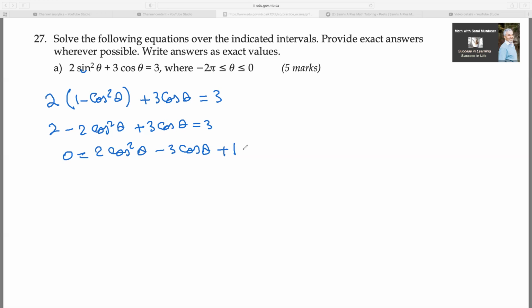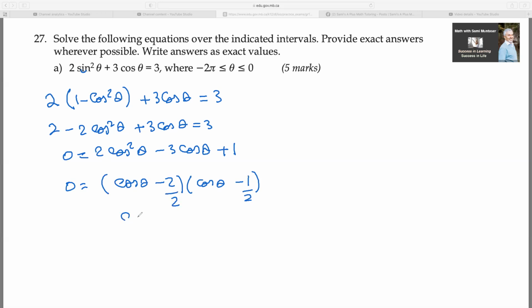2 times 1 is 2. What multiplies to 2 and adds to give you -3 is -2 and -1. So this will factor into cos theta minus 2 and cos theta minus 1. And then I'm going to divide both by 2 since we have a 2 right here.